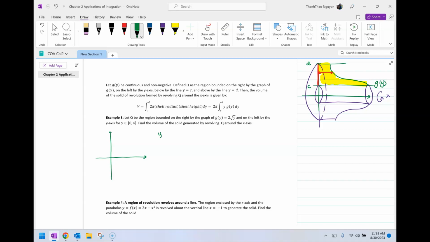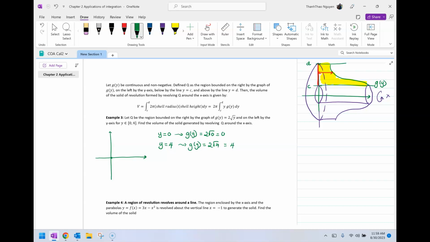When y equals 0, g of y is equal to 2 times root 0, that equals 0. When y equals 4, g of y is equal to 2 times square root of 4, that now equals 4.